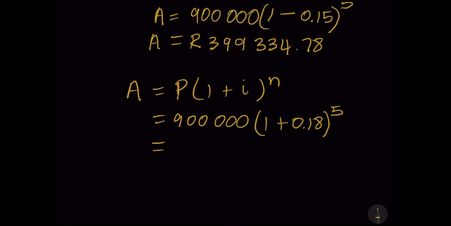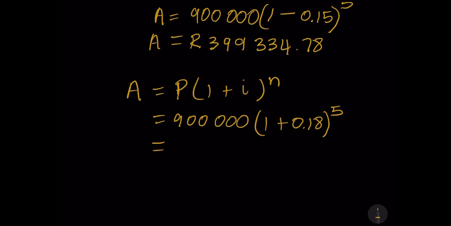So our n value will be 5. So in this case, that will be 900,000 times 1 plus 0.18, which is the inflation rate, to the power 5, and I get a value of 2 million.